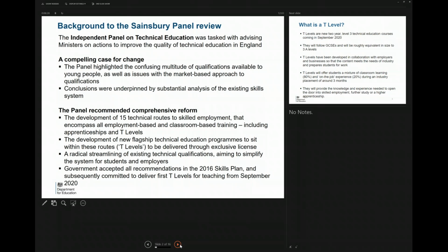And they also recommended a radical streamlining of the existing technical qualifications landscape, which I can say a bit more about later on. Government accepted all of those recommendations in the 2016 skills plan and subsequently committed to delivering the first T-levels from September 2020.